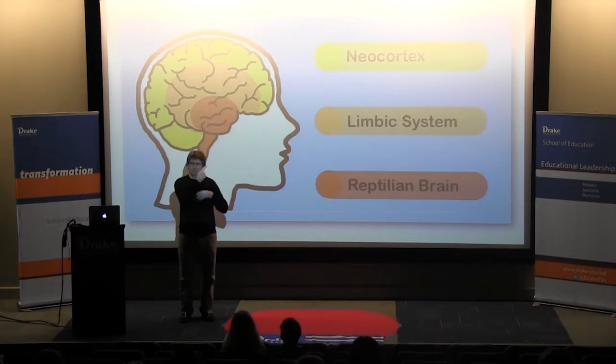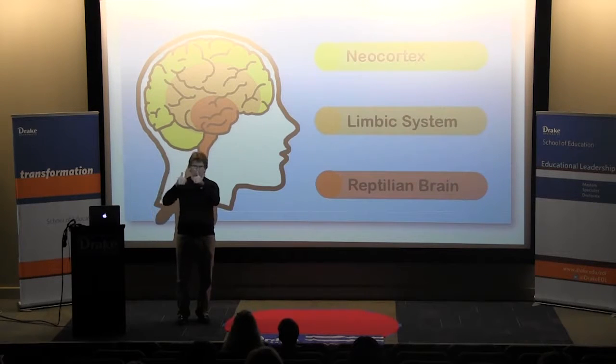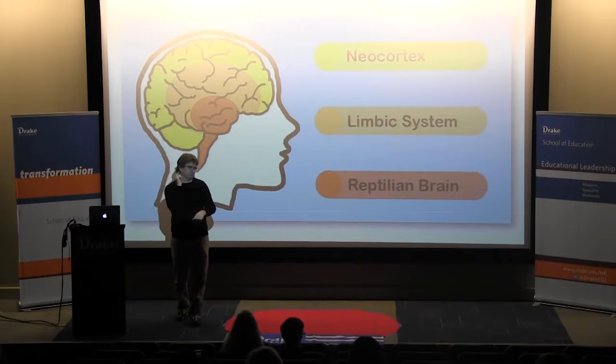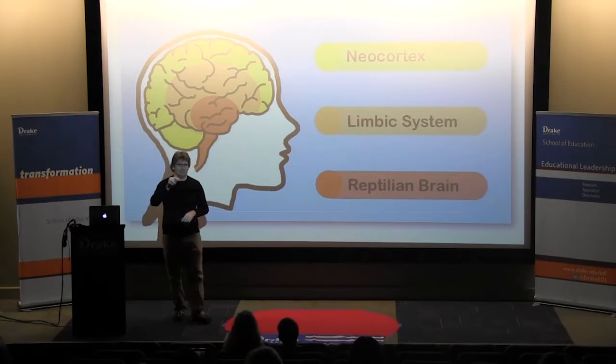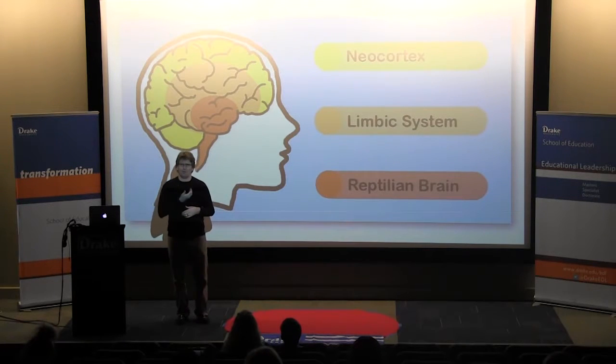Before I get into more detail, I want to give you a little bit of brain science, beginning with the neocortex. This is the upper level of our human reasoning, the highest level of our brain, how we're able to cognitively make sense of the world. A little deeper in, we find our limbic system. The limbic portion of our brain deals with our emotions, how we feel love. And finally, our reptilian brain, the third layer.